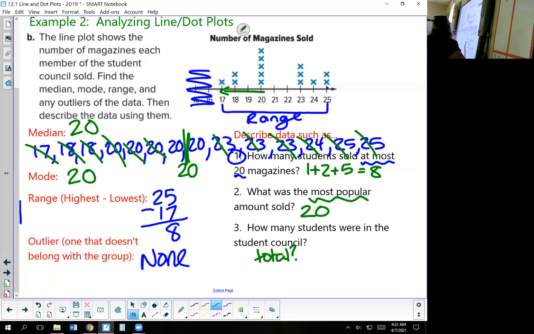These are all the kids that were surveyed. Because it says each member of the student council sold. So that means everybody was even marked. Even if a kid didn't sell any, there would be an X there. But they all sold at least 17, right? So we have 1, 2, 3, 4, 5, 6, 7, 8, 9, 10, 11, 12, 13, 14. 14. Okay. All right.